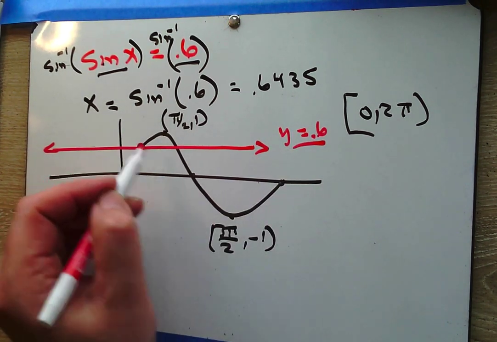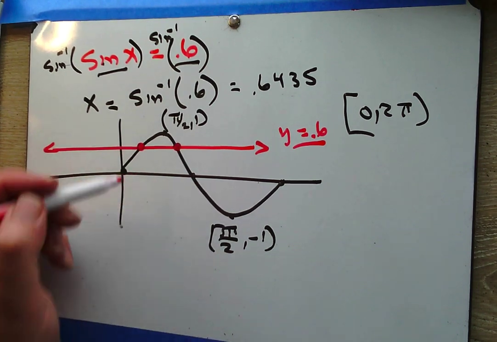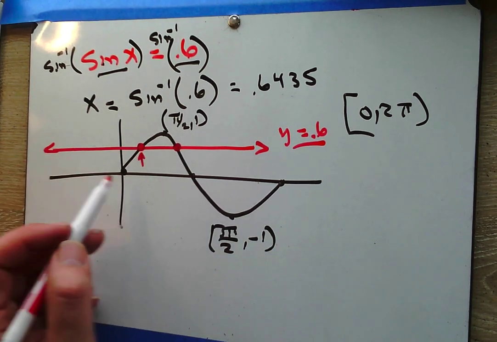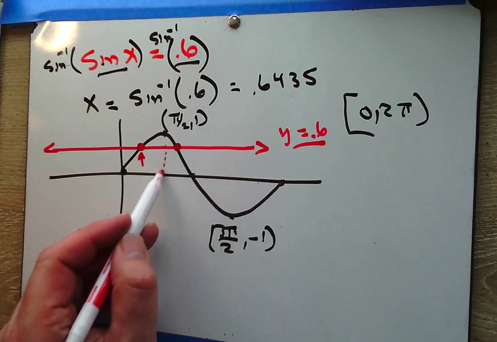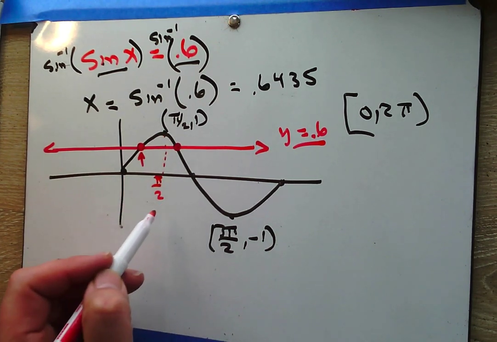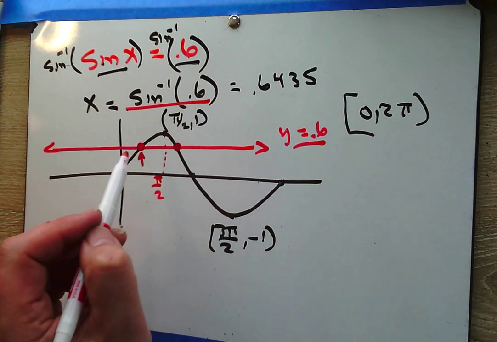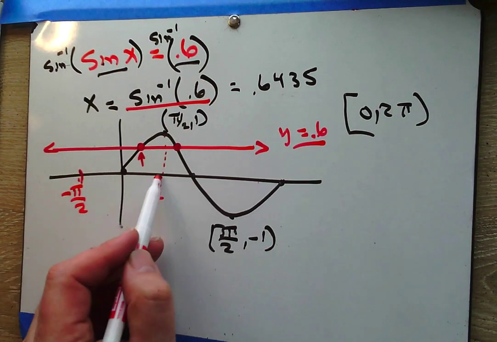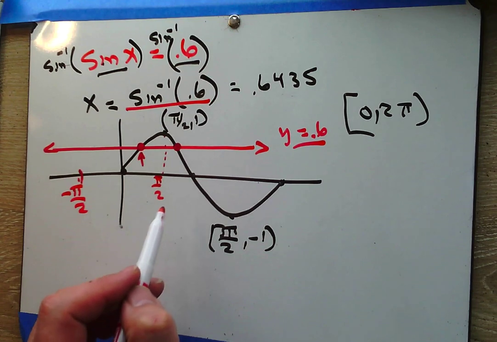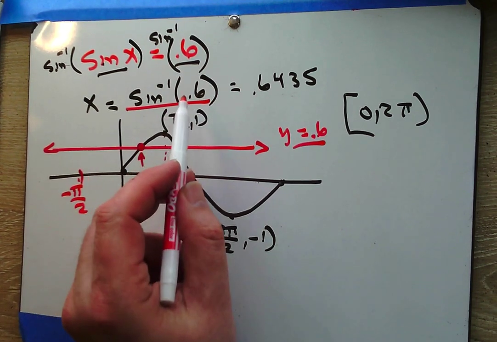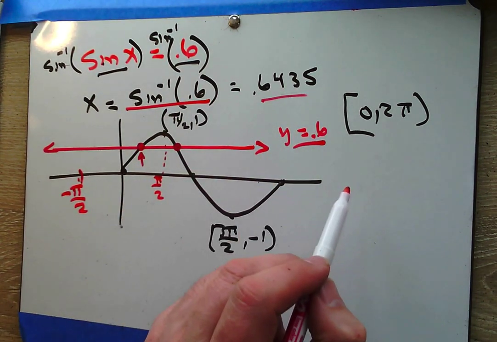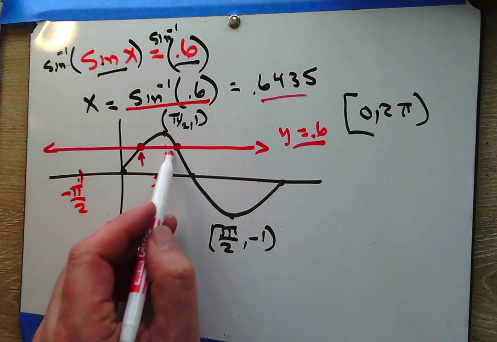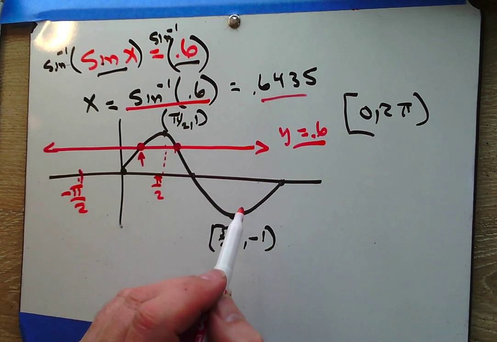So I see 2 solutions. Now, this one is between 0 and pi over 2. So, since negative pi over 2 to pi over 2 is our restriction for inverse sine, lo and behold, this is the only solution our calculator comes up with. But we know there's a second one.